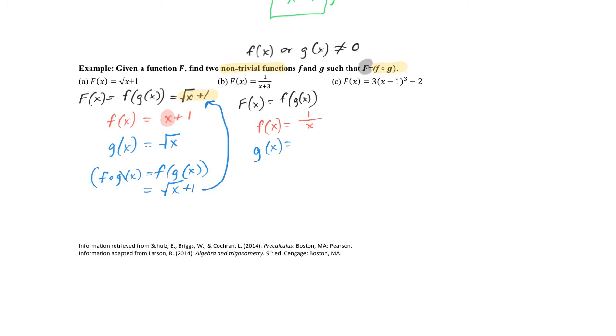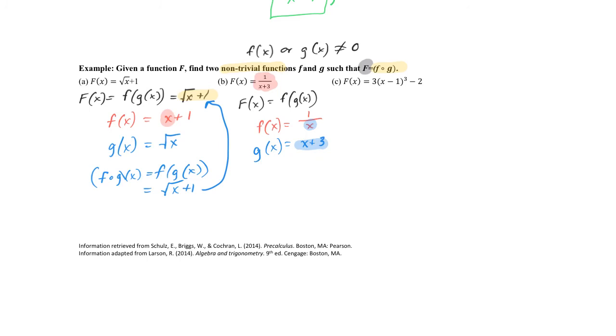What would the x need to be replaced with to get 1 divided by x plus 3? Of course, the x would need to be replaced by x plus 3. So g of x would equal x plus 3, and my composition, f composed with g of x, would be 1 divided by x plus 3, because the x value would have been replaced by g of x, which was x plus 3.